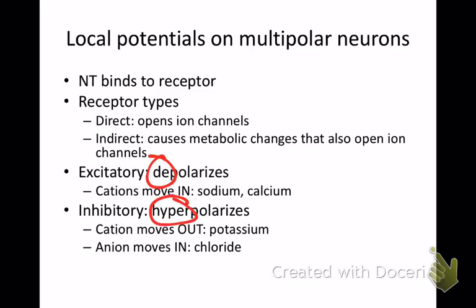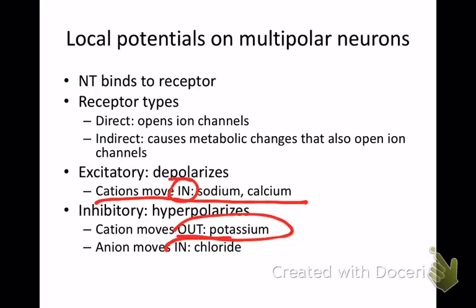Depolarize and hyperpolarize. The ions and directions are important. Sodium and calcium move in to excite. Potassium moves out, or chloride moves in to inhibit. That is an important thing for you to remember. Can you do that?